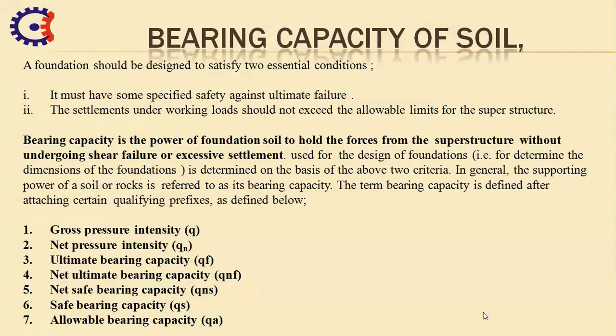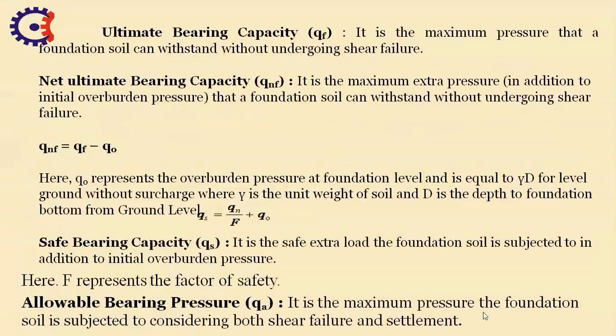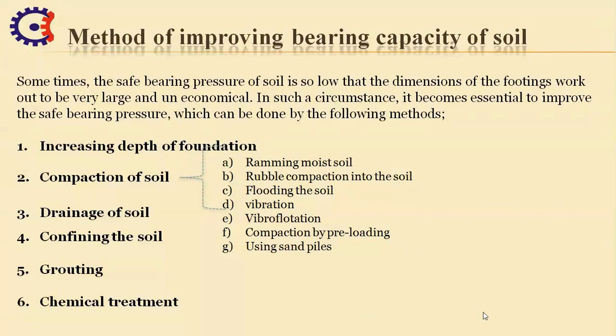So we can calculate bearing capacity by these methods, like gross pressure intensity, net pressure intensity, ultimate bearing capacity, net ultimate bearing capacity, net safe bearing capacity, allowable bearing capacity. Here are some formulations of those methods.